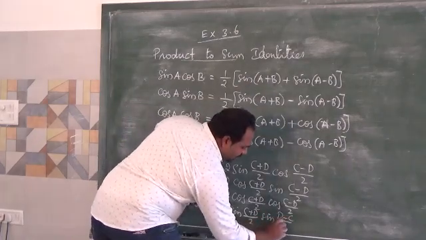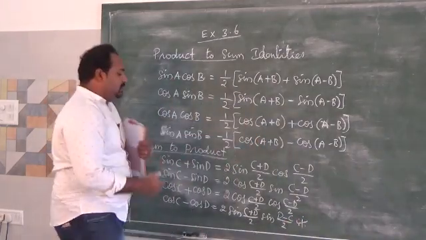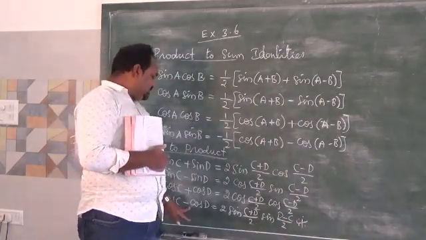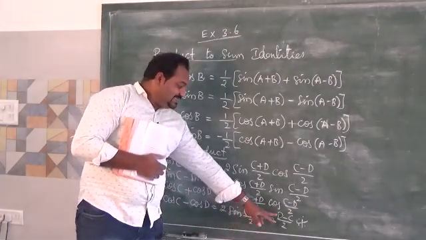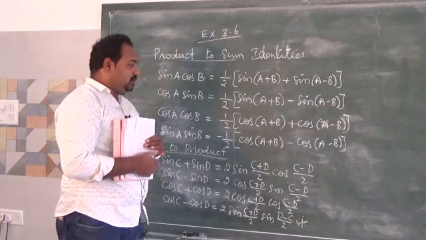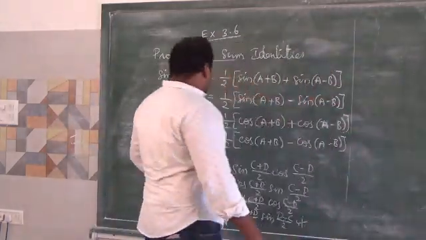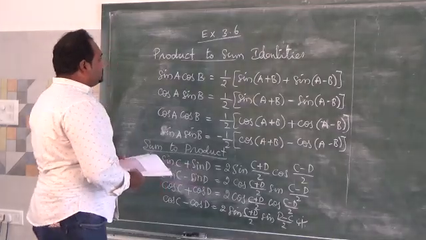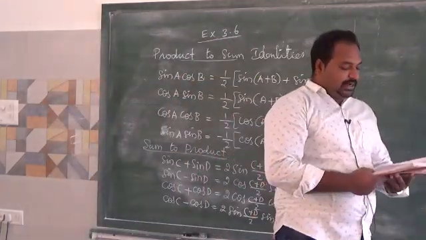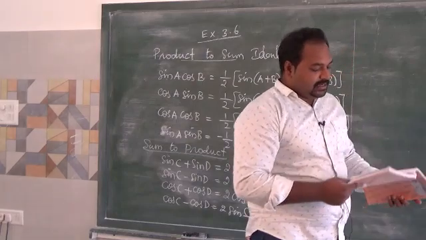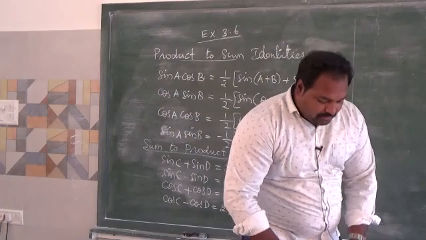Here you have to be very careful when you are using this identity. Now we can have some more identities. Those identities I will give you whenever we require them for the problems.